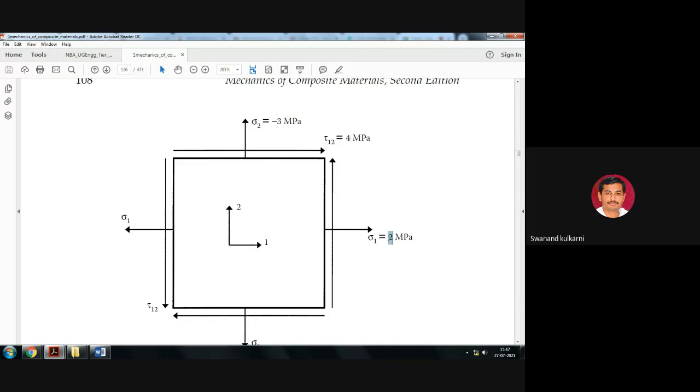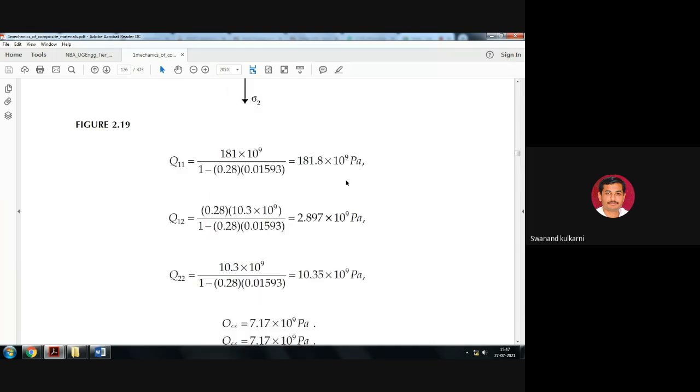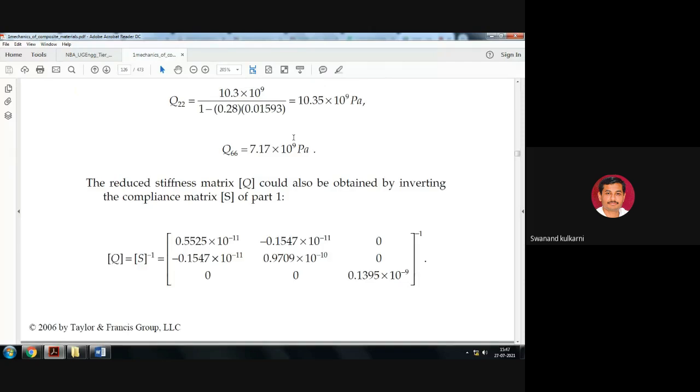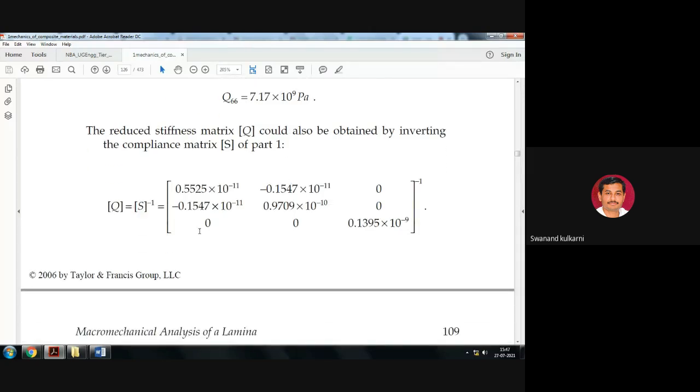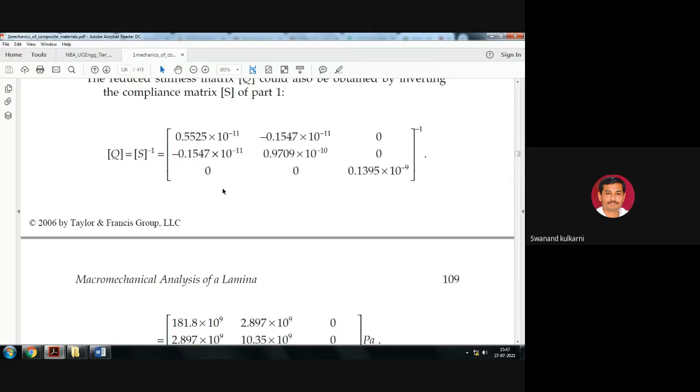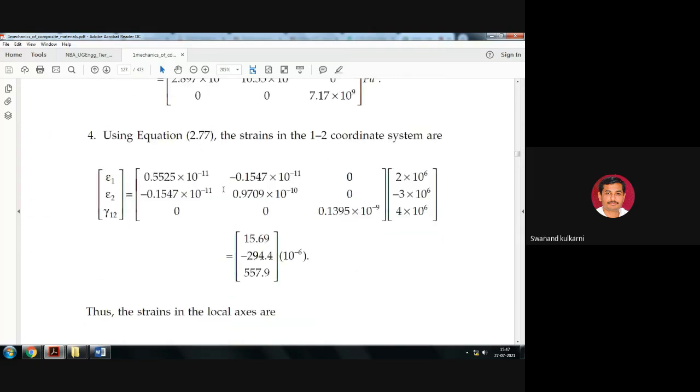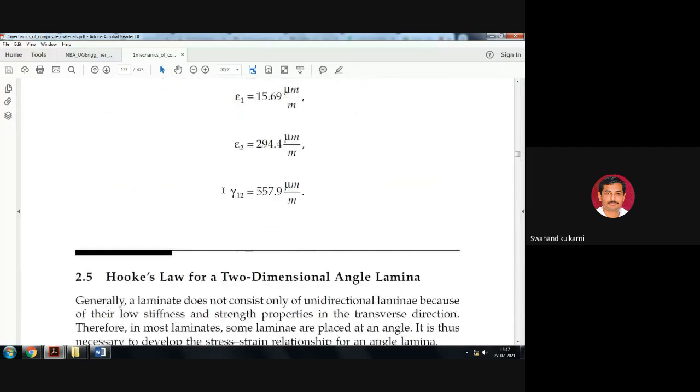Sigma 1 is 2, sigma 2 is minus 3, and tau 12 is 4. Is it okay? So those values are referred here, and based on that the values of Q are identified. Q is considered to be the inverse matrix of S, because these values we will get based on the translation and rotational factors. Is it okay?